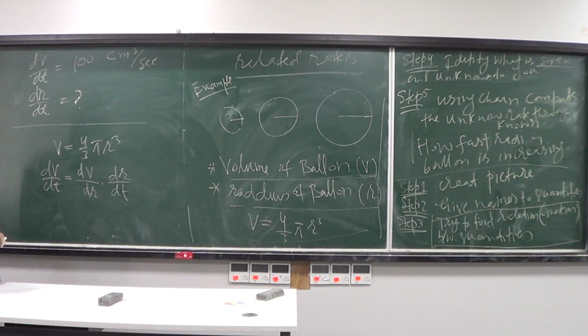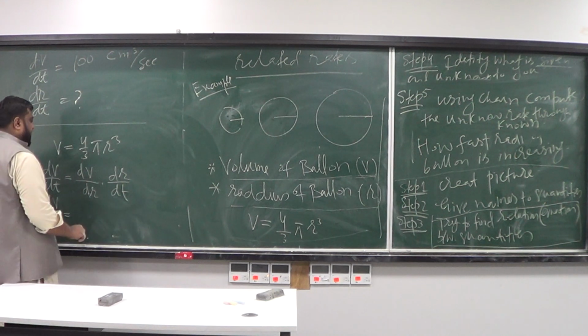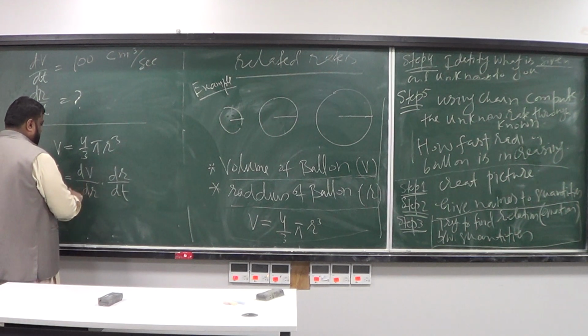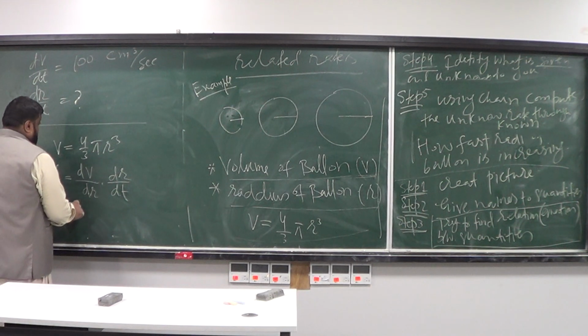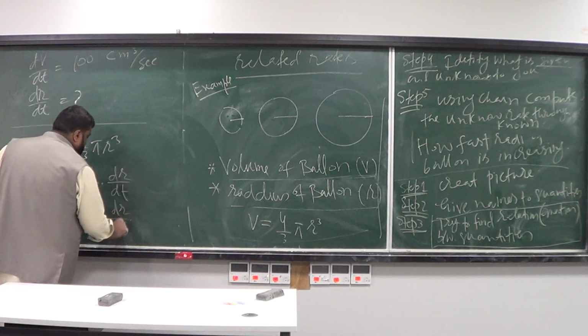Now, what would this quantity be? What is known to me? Maybe I should do a little more simplification: dV by dt is going to be, if I compute the derivative of V with respect to r, 4 pi r squared times dr by dt.